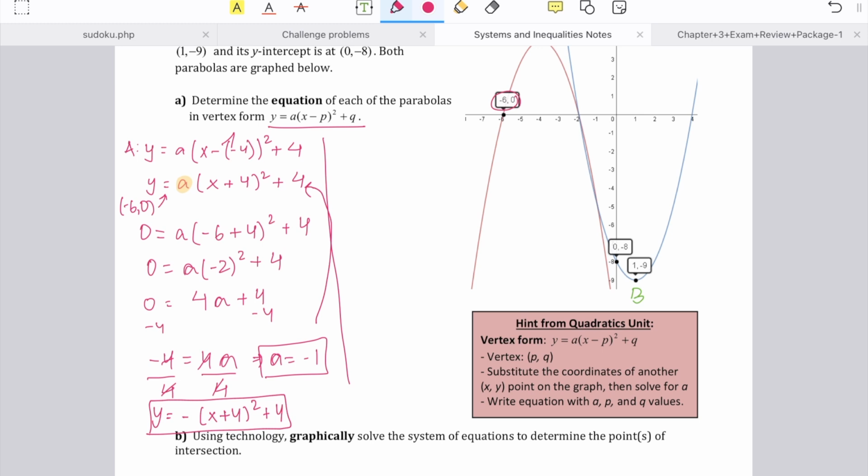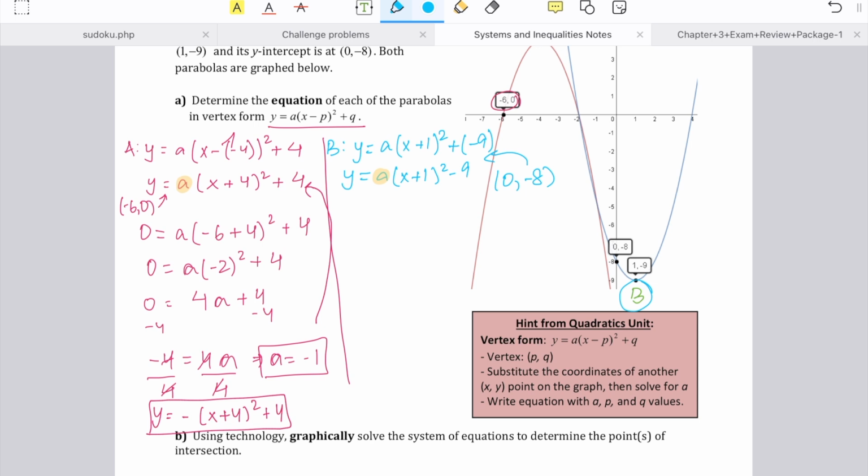Okay, now find the equation of our B parabola. So y is equal to a(x + 1) squared plus -9. So it will be y is equal to a(x + 1) squared minus 9. To find the value of a again, I'll have to substitute 0, -8 into this equation.